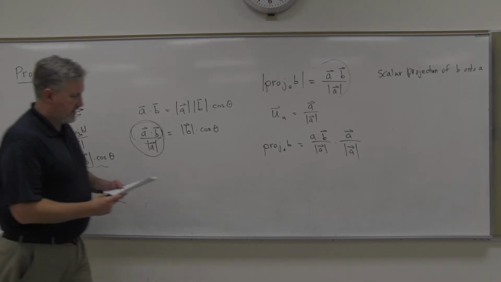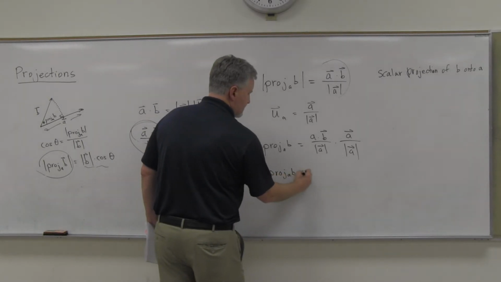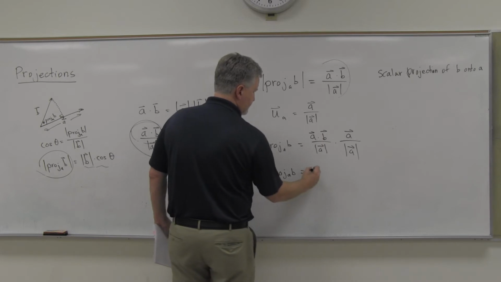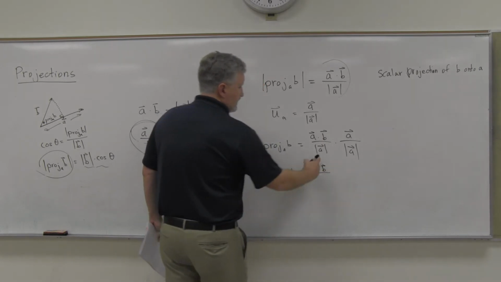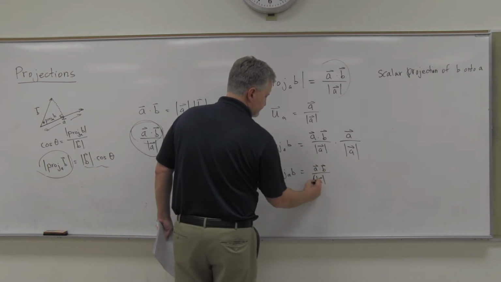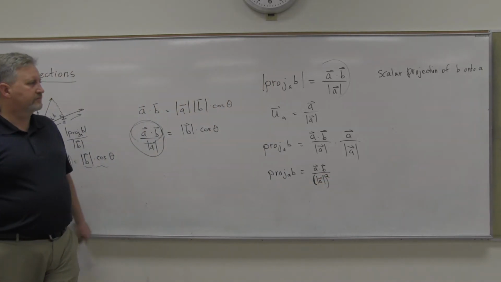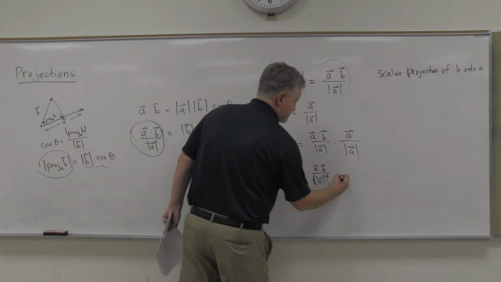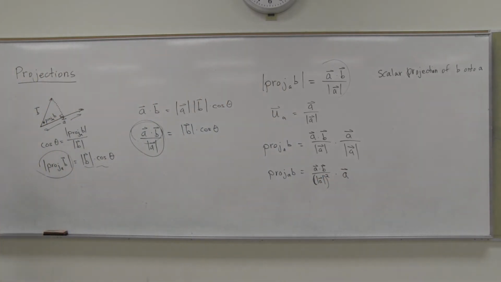And the way they usually write that is just regrouping. Take the dot product of A and B over the magnitude of A squared, which basically gets rid of that square root, times your vector A. Kind of put the scalar parts together.